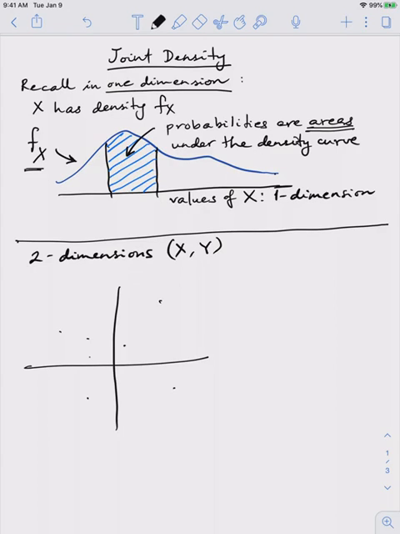And the possible values are two-dimensional. So now if you think about the probability density, it's no longer a curve, it's a surface over the plane. So I think the best thing for you to imagine is that the possible values are your table, and the density is represented by a kind of wavy sheet over your table.